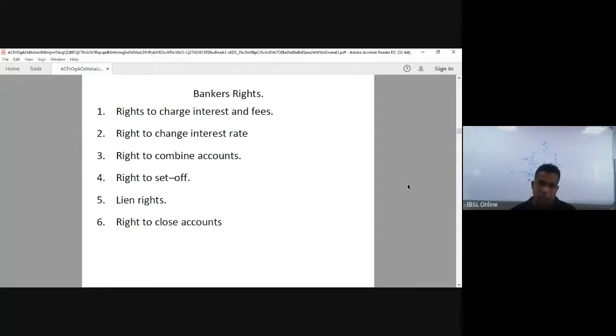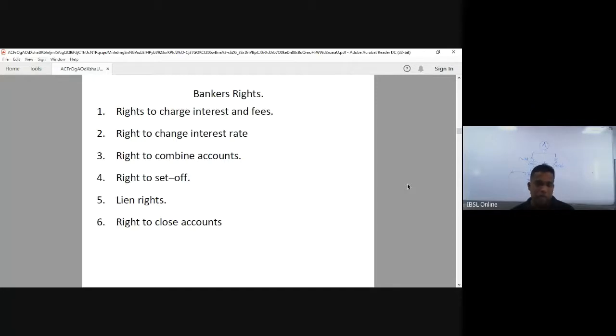But I hardly see the banks exercise this. Normally, 99% of the time, if a check comes without sufficient funds in the account, banks won't combine the accounts of the customer. The bank will reject the payment or return the check. Why is that?